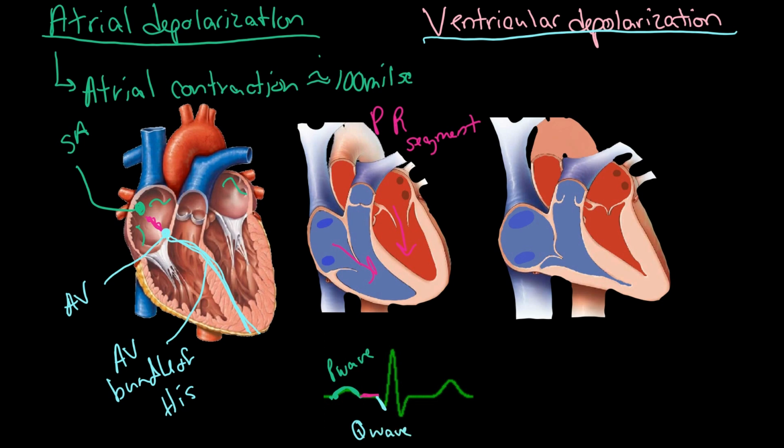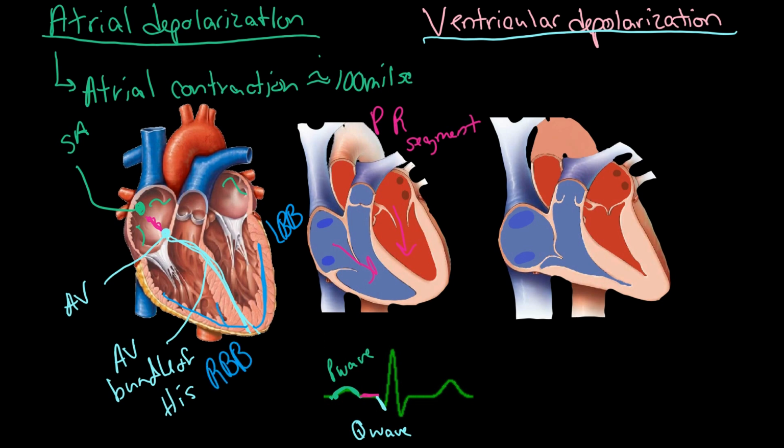And the definition for the Q wave is actually just the depolarization of the intraventricular septum, which is a fancy way of saying the wall between the two ventricles. The next area that happens is the current goes up the side of the heart, and it goes into the left bundle branch and the right bundle branch.